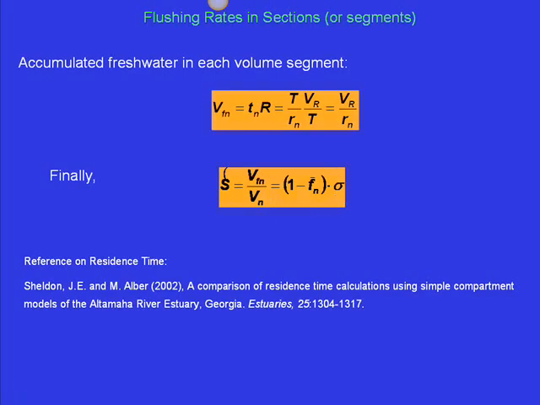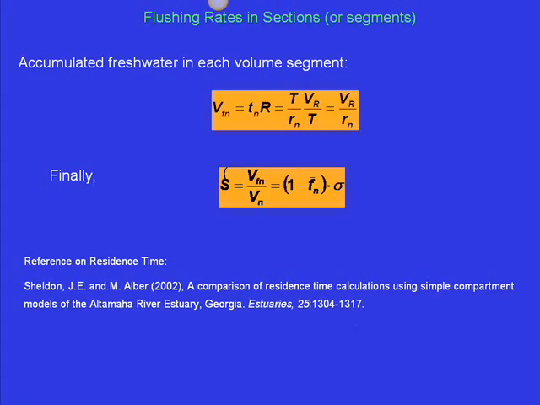So if you have salinity measurements, you can use this approach to determine the average salinity at each one of the segments too, and also the freshwater fraction. So alternatively, you can calculate the freshwater fraction at each one of the segments and get an estimate of residence time there.